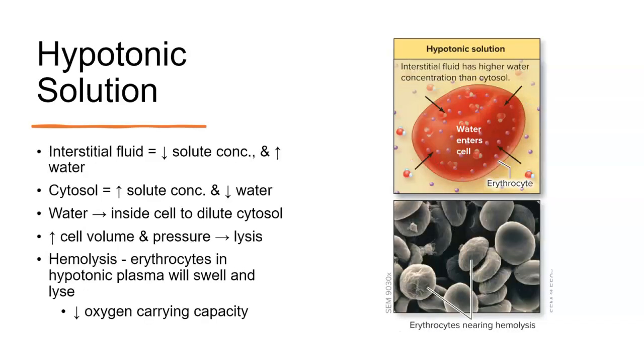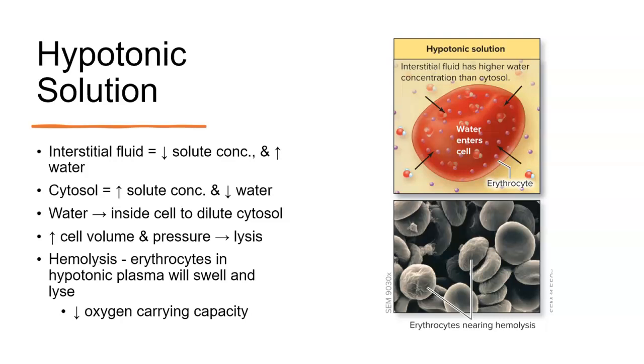Hypotonic, remember, hypo means under. So outside, the extracellular fluid, also called the interstitial fluid, has fewer solutes than the fluid inside the cell, which has more solutes. Okay? So that means outside the cell is hypotonic to inside the cell.